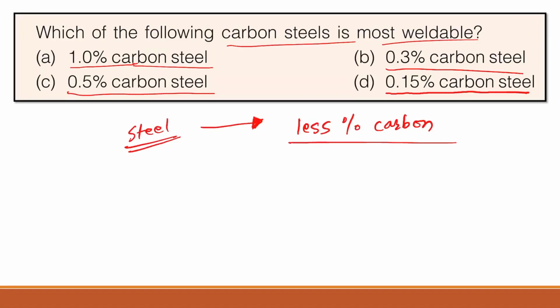In this option the correct answer is D, that is 0.15% carbon steel is most weldable according to the given options. The lesser the percentage of carbon, the more weldable the steel is.